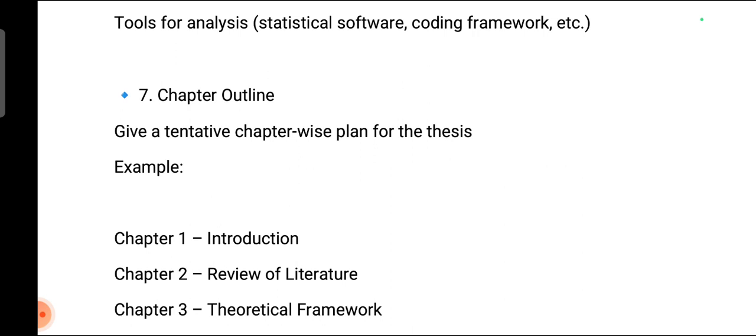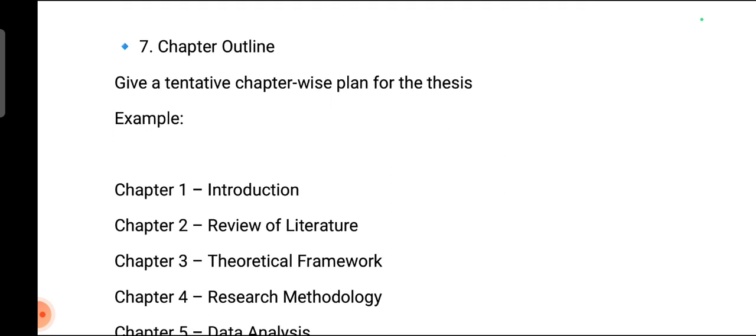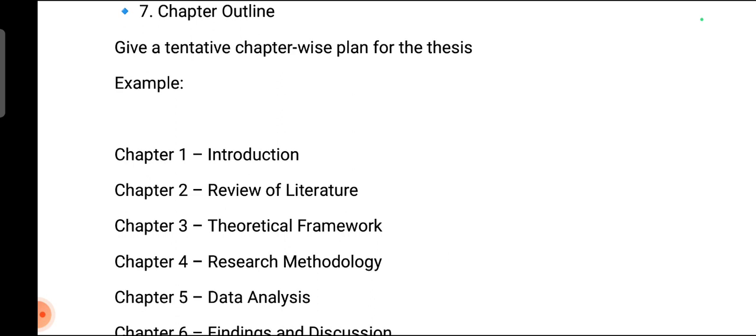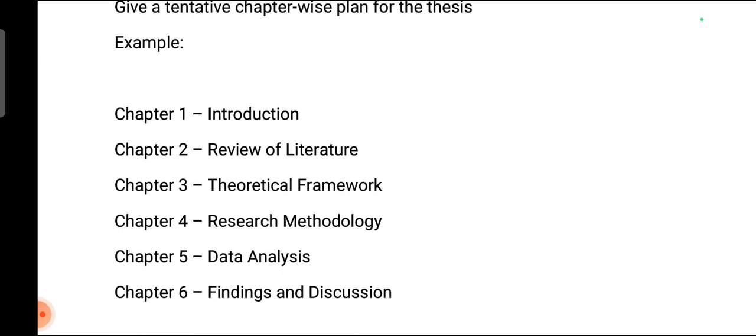Chapter 2, review of literature. Chapter 3, theoretical framework. Chapter 4, research methodology. Chapter 5, data analysis. Chapter 6, findings and discussion. It will also vary. You may write 5 to 6. And if you are doing research in the context of literature or science, then everything will change, it will not remain the same. But more or less in most cases, this is how you can prepare and frame it.